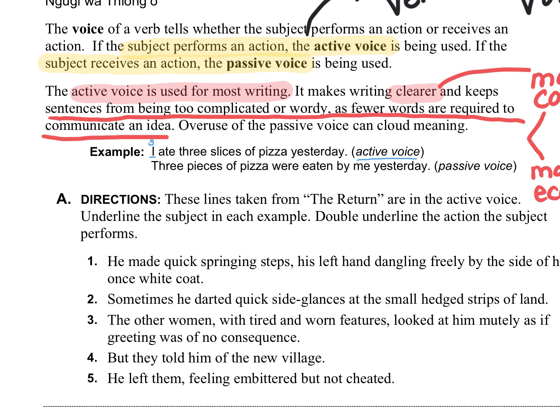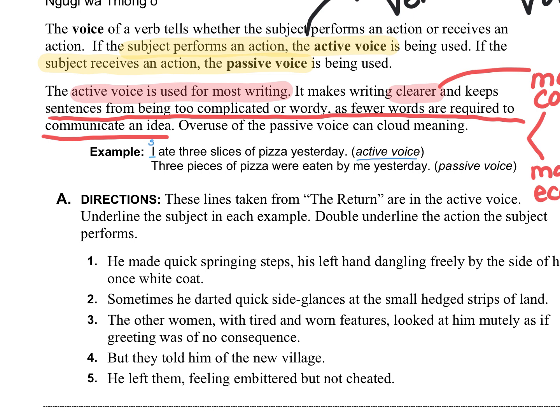Okay? Now, to find the verb, there's a question I always ask, and it is, is the subject doing something, or is the subject being renamed or described? You can go ahead and pause it if you need time to think. Is the subject doing something, or is it being renamed or described?